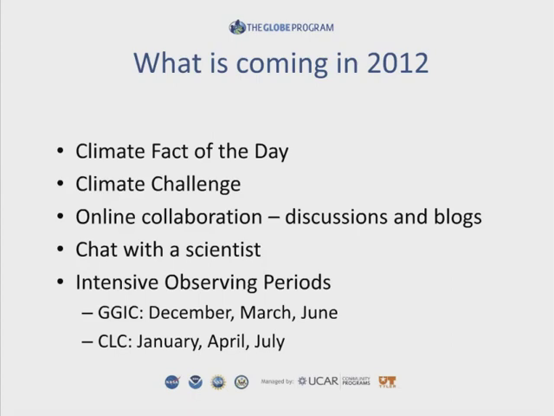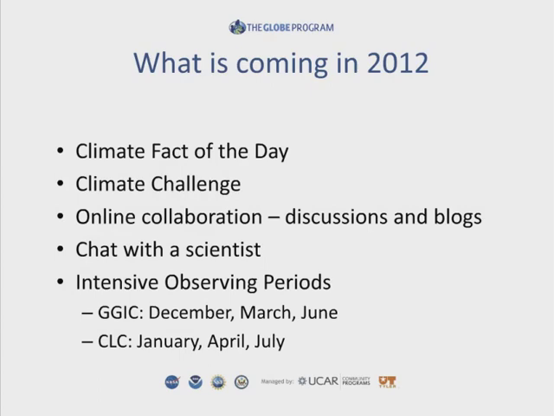There's going to be all kinds of great new capabilities on our website, and we're going to jump right in and use those right away with the Student Climate Research Campaign. We hope to be able to enable the ability to chat with a scientist, so if you would like to talk with one of the scientists that's working with the IOPs, we hope to be able to arrange a time when we'll be able to communicate directly in real time.